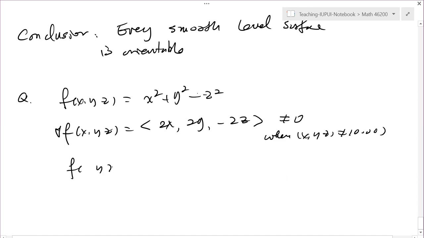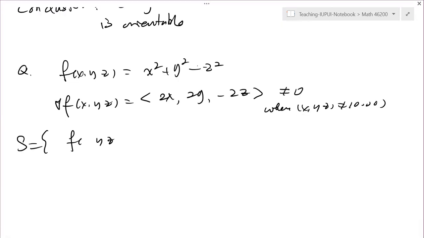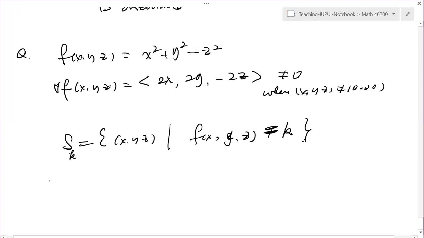Let's consider this surface, f(x, y, z) equals k. If k is not 0, what do you get?